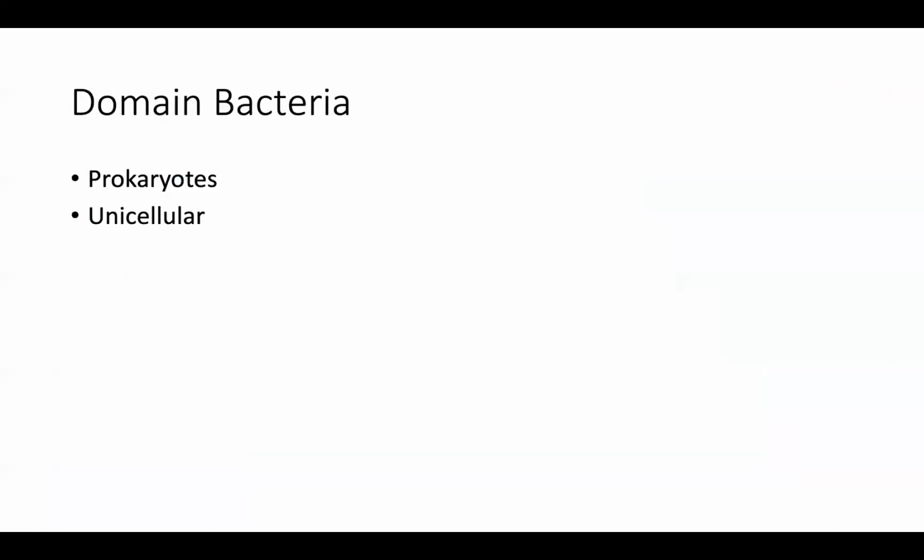So we know that this domain bacteria has the feature of being prokaryotes, right? We know features that define the prokaryotes are that they do not contain a nucleus and other membrane-bound organelles, right? We know that all of the organisms in this domain are going to be unicellular organisms, right?